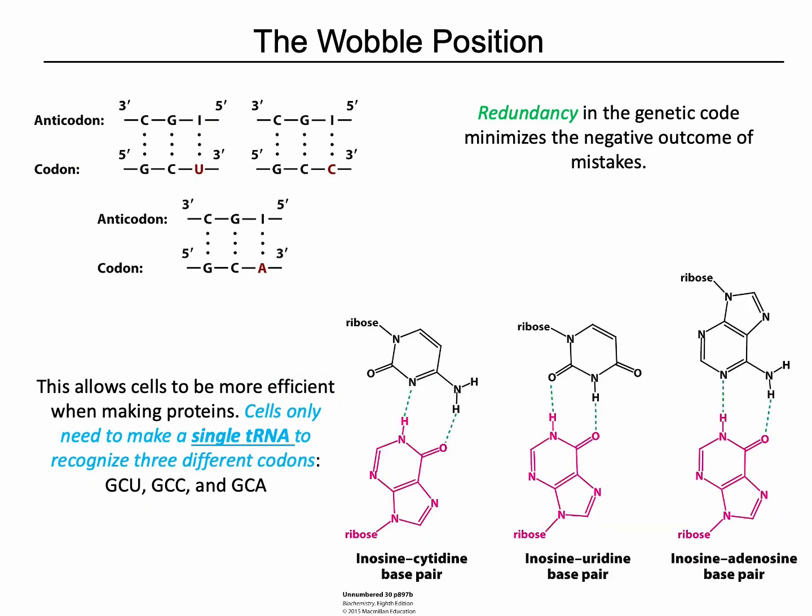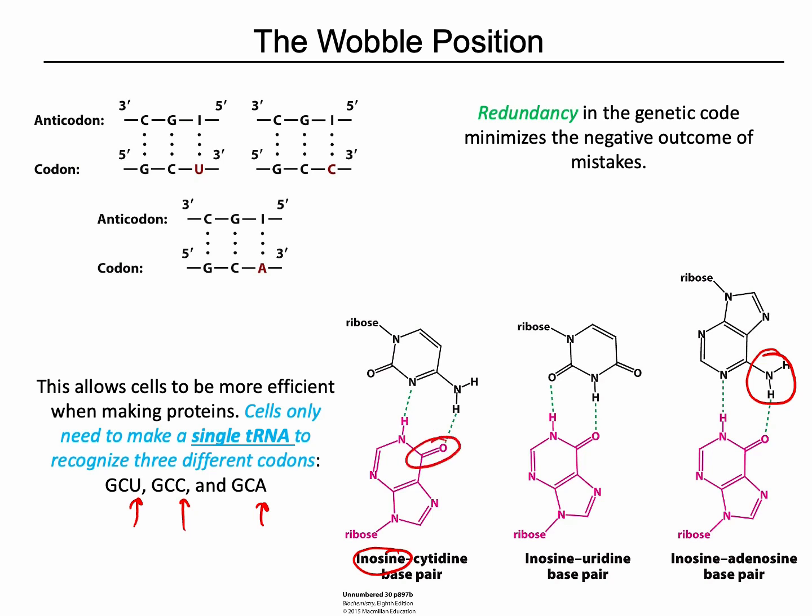Let's see. Okay, so here we go. So this just shows you how this non-standard nucleic acid, inosine, is able to base pair with three different nucleic acids, either uracil, cytosine, or adenosine. So inosine is shown here in pink. Hopefully you notice it looks an awful lot like adenosine, except this NH2 group is converted to a carbonyl, which changed the base pair pattern, right?